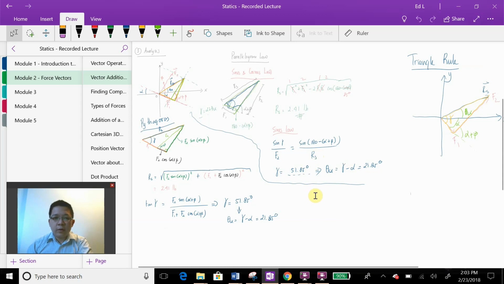Okay, so really the difference between the parallelogram law and triangle rule in here is just a matter of the sketch. For the calculation process, you have to choose whether you would like to use the sine or cosine law, or whether you would like to use the Pythagoras theorem. Okay, I think that's it for this lecture, and we are going to continue with finding components of the forces in the next lecture. Thank you.